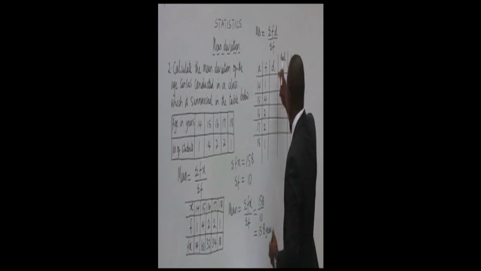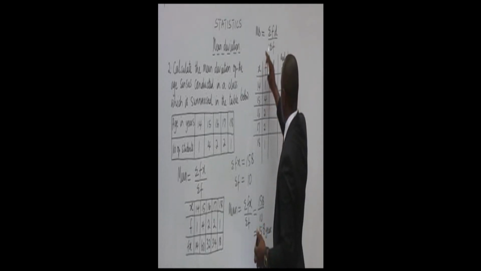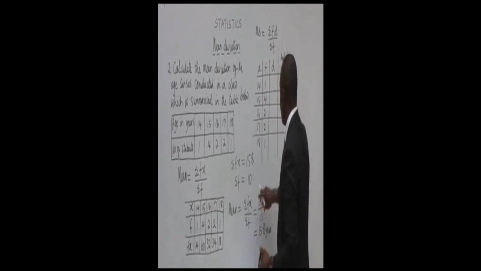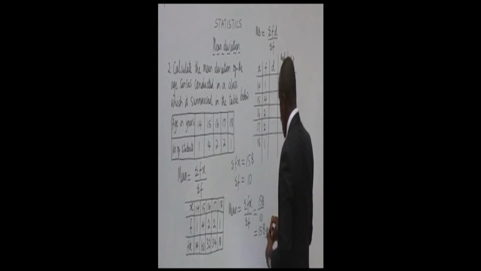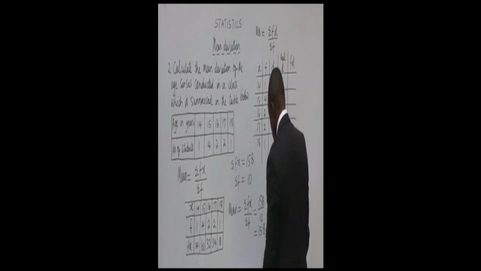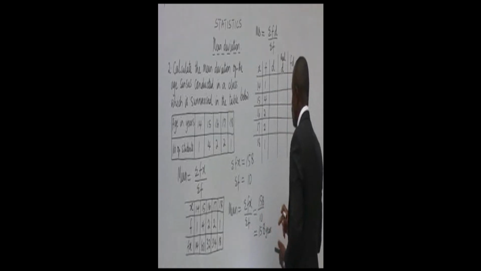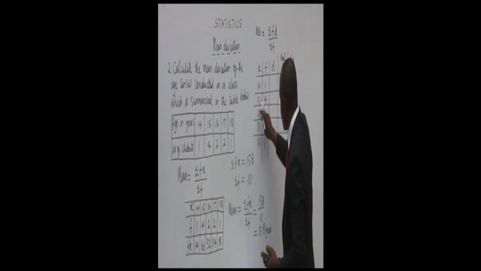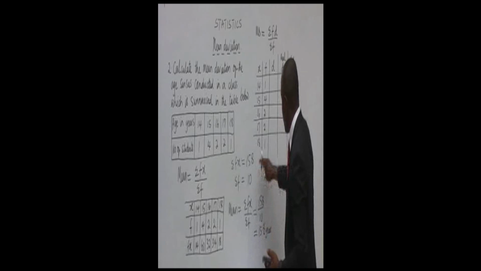Now the deviation. We calculate the deviation by subtracting the mean from the numbers. We don't have space to write them down, but all these numbers, we subtract the mean from them.